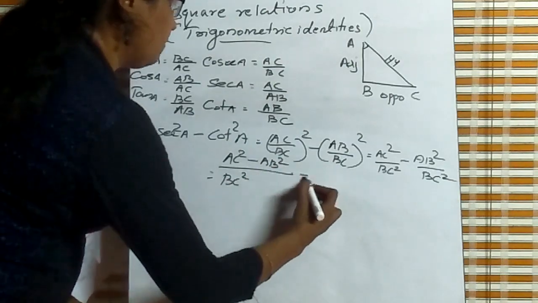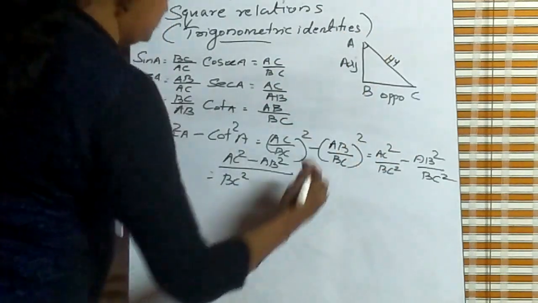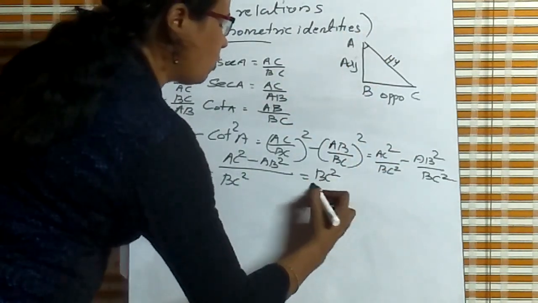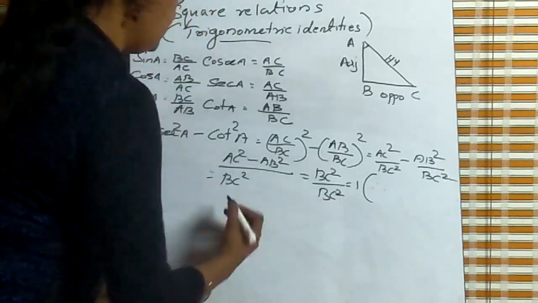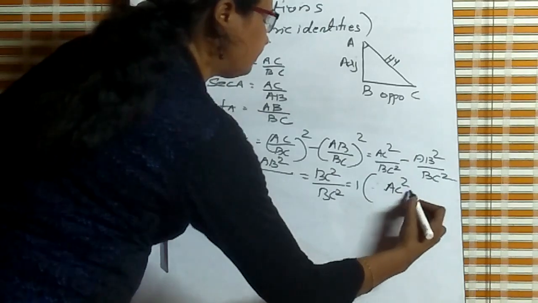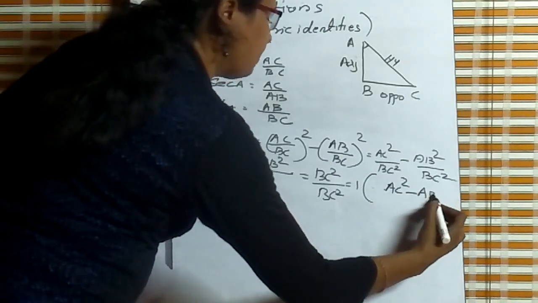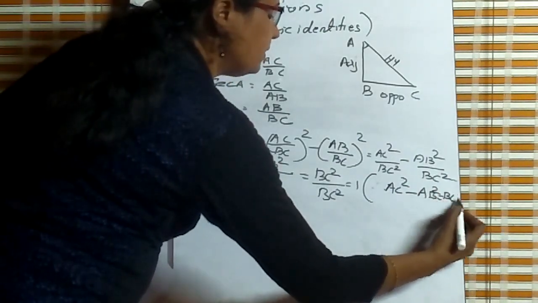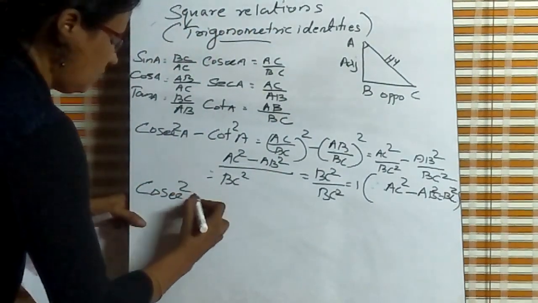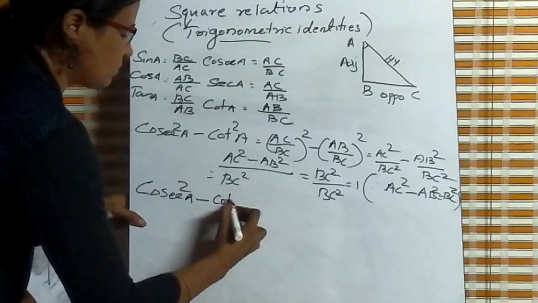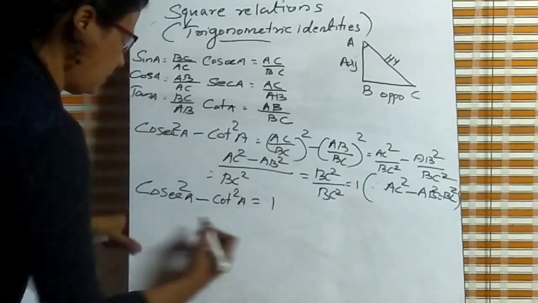From the figure, what is AC square minus AB square? It is equal to BC square, so BC square by BC square is equal to 1, since AC square minus AB square is equal to BC square. Therefore, cosec square A minus cot square A is equal to 1.